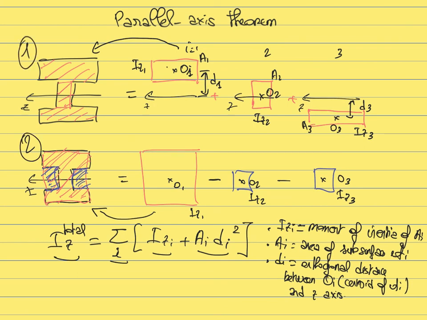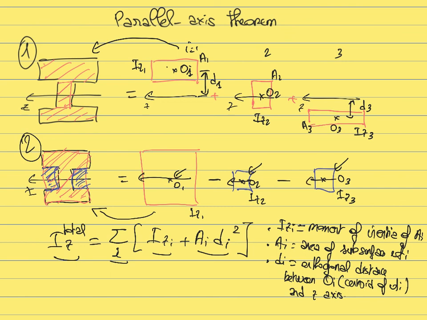So for example, in this case, the reason it is better to decompose the I-beam with the second method rather than the first method is that if you decompose the I-beam using the second method, all the centroids are located along the z-axis.